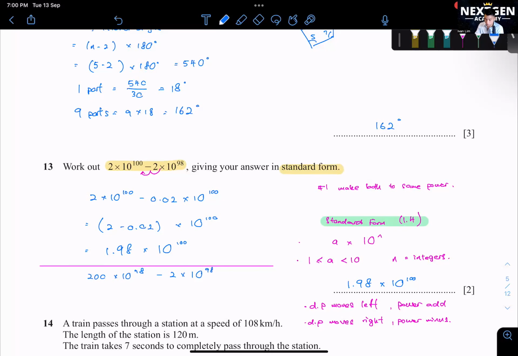Then you need to do extra steps. So you get 198 times 10 to the power of 98. Then you need to change to 1.98 times 10 to the power of 100, because you have to change it to the standard form. So make sure you know how to change it to the standard form first.